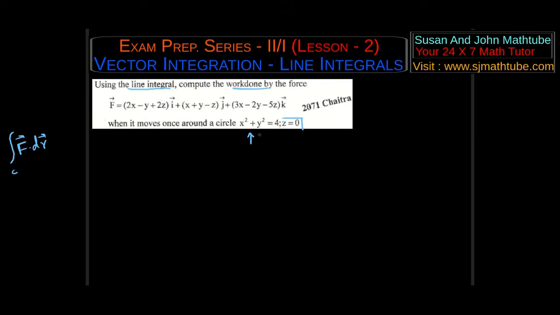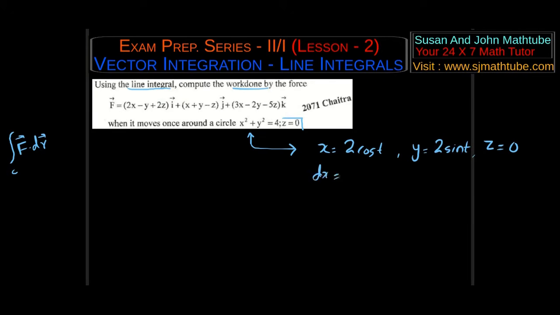I'll repeat once more. Whenever they give you a circle, ellipse, asteroid, hypocycloid, etc., changing the equation into parametric form will be an advantage for you. So let's begin with changing into parametric form. That is, x is equal to 2 cos t and y is equal to 2 sin t and z is equal to 0.